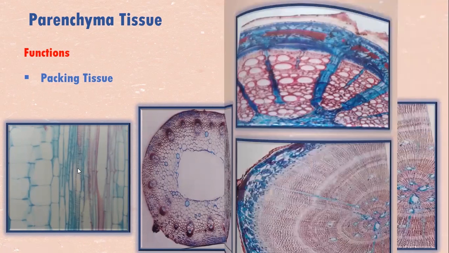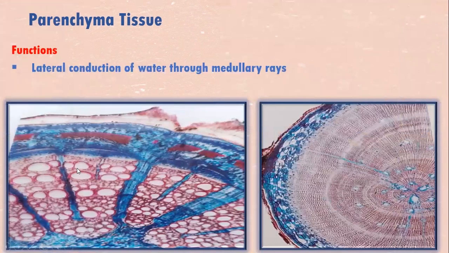Now, they also do lateral conduction of water through medullary rays. This area is wood, secondary xylem, dead. Much of the cells are dead because all these have lumen. They are dead with sclerenchyma all around to toughen the tissue. But this is a layer or layers of parenchyma, and those are the medullary rays here.